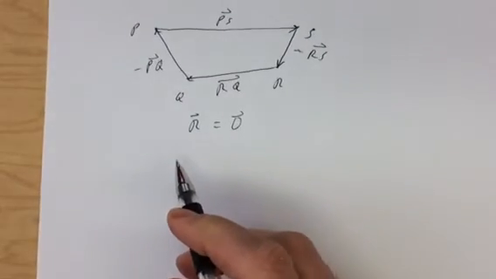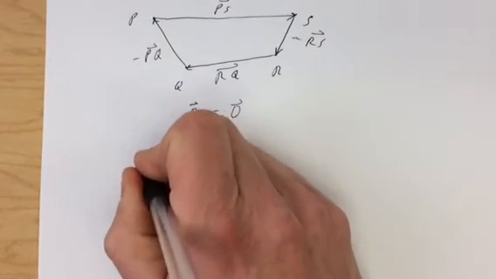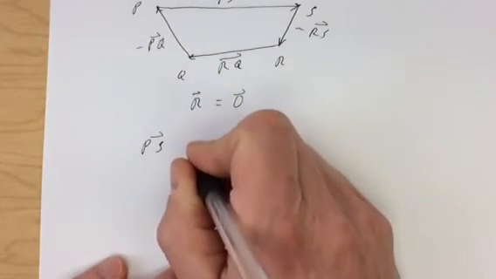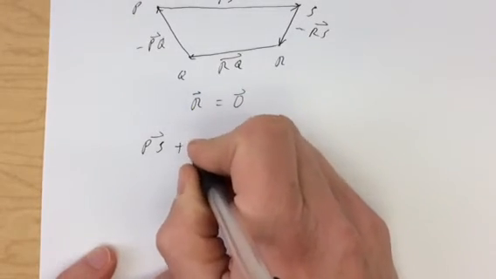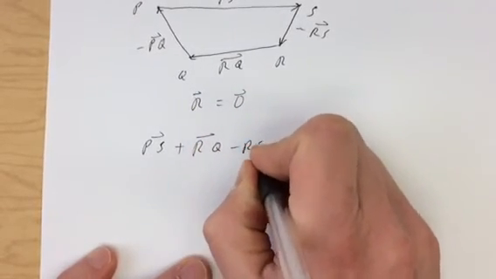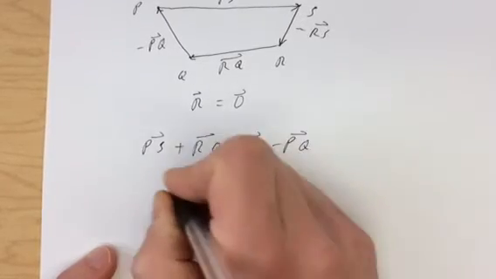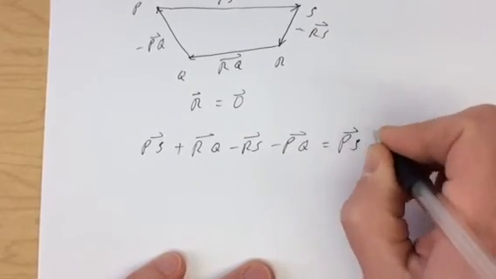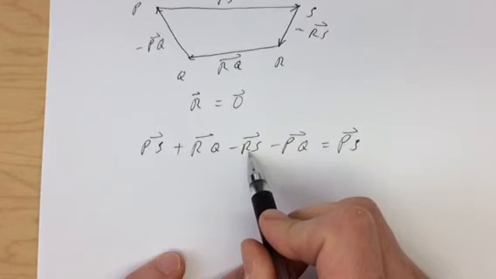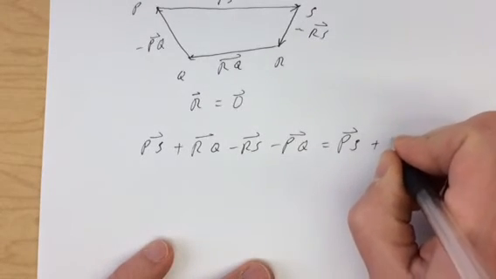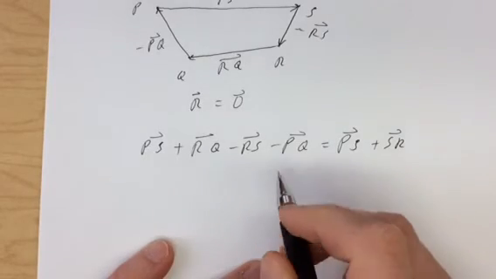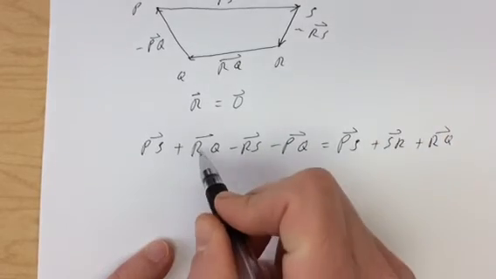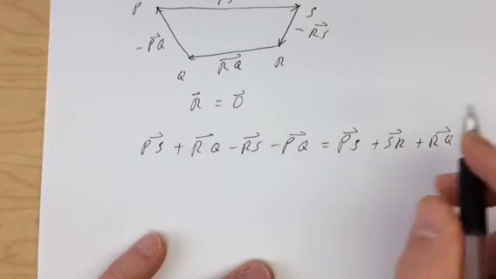If you want to look at this algebraically, so plus RQ minus RS minus PQ can be rewritten as PS, and I'm going to take this minus RS and turn it into a plus SR, and then I'm going to put the RQ in there, okay, that one, and then I'm going to put plus QP.